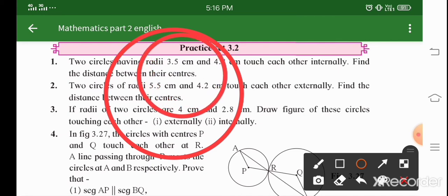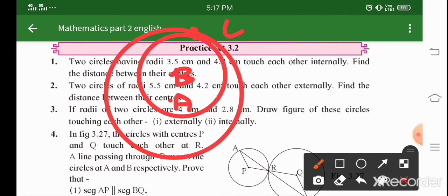Suppose the center of this circle is B, and the center of this bigger one is A, just as an example. And the point of contact here is C. This is the point of contact.